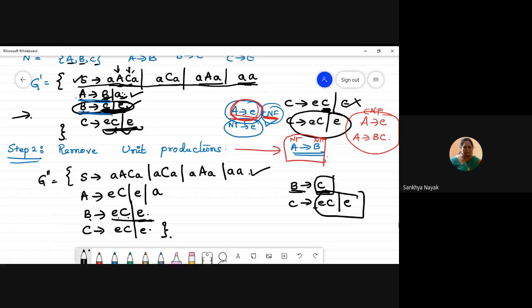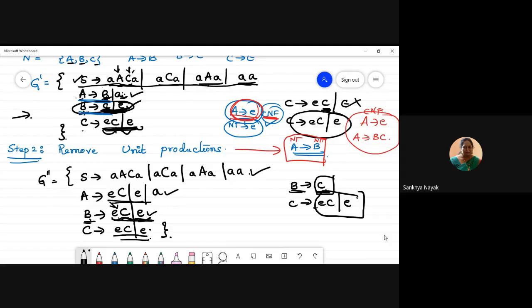I checked C's right hand side. So wherever B derives C was there, I replaced it with the right hand side of C. Of course, B has an additional symbol, B derives E, which is already there, so I didn't rewrite it. Next, A derives B. So in place of B, I wrote whatever is there on the RHS of B. And of course, it has its own A. So I'll write it. Okay.